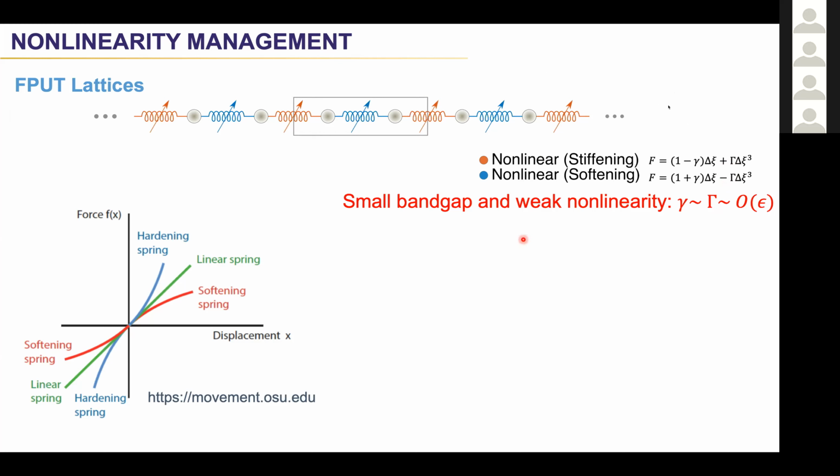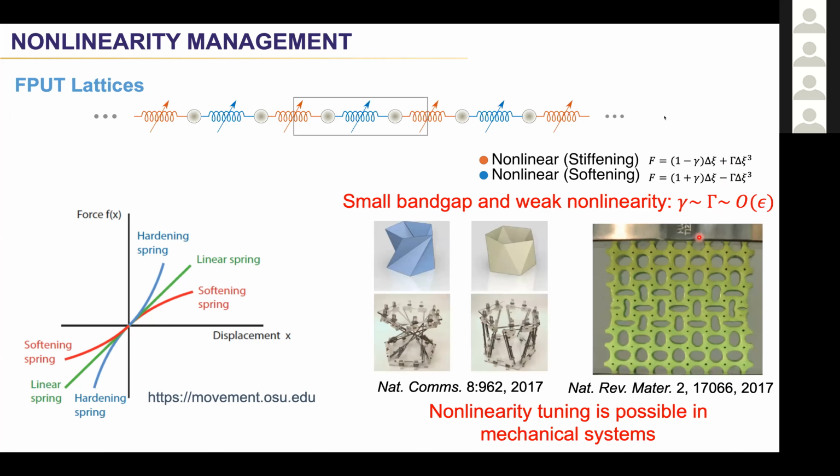So it means that small gamma and capital gamma both are small. And such systems in the mechanical domain could be realizable, and that's what we are trying to explore right now. There have been systems where by changing the geometry of the system, we can tailor the nonlinear response. So it's quite possible to have softening and hardening in mechanical systems.